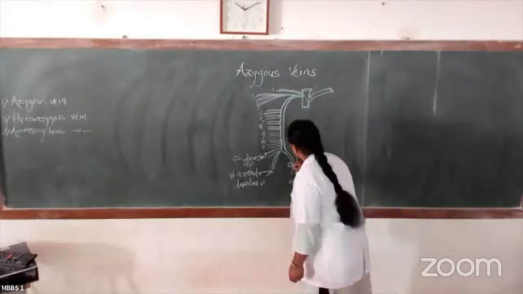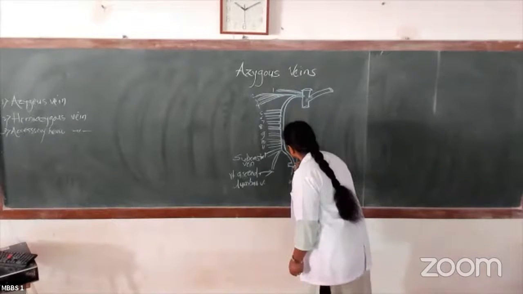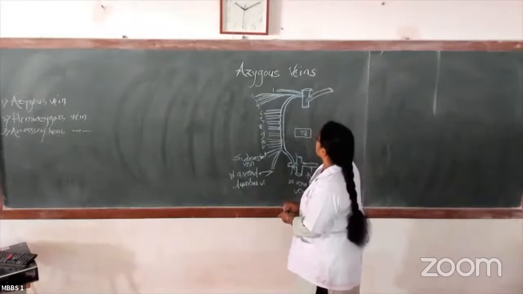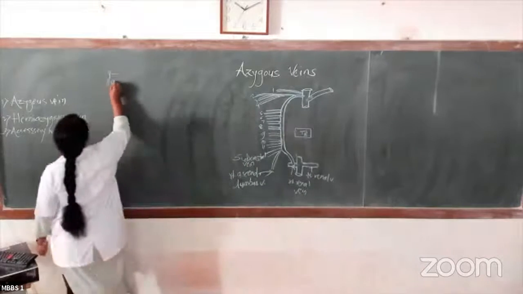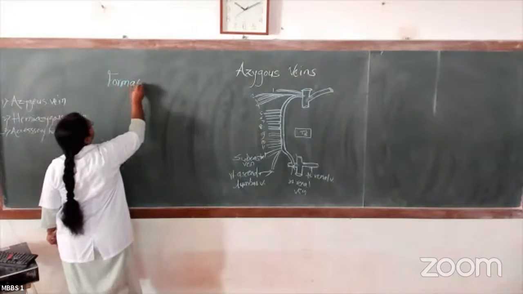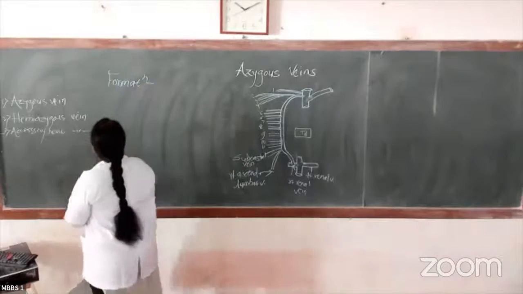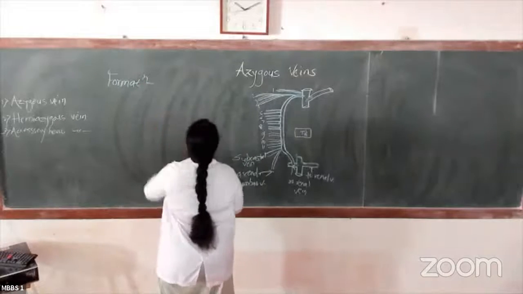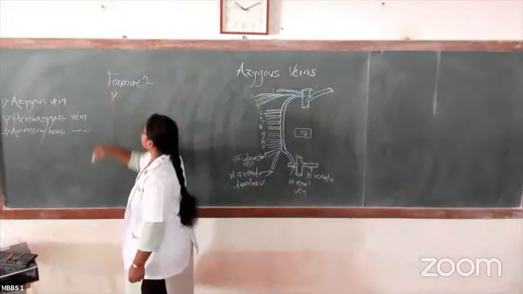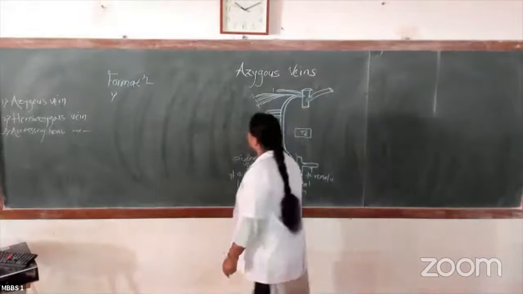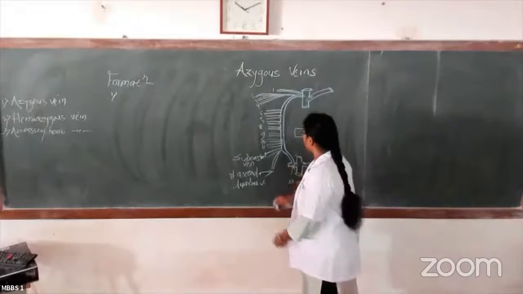So see here, we are dealing with the formation of this azygous vein. The formation of this azygous vein is inconstant in its mode of origin. Now generally we are discussing the first way of this formation.